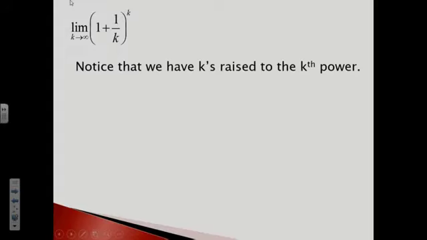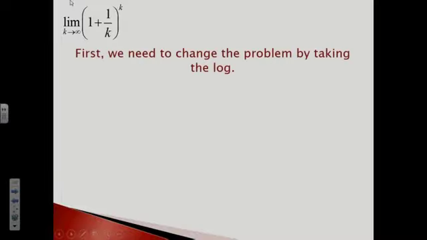Now we are going to find the limit of some sequences. The first sequence is (1 plus 1 divided by k) to the power of k. Notice that we have k raised to the kth power, so L'Hopital's rule needs to be used. First, we need to take the log of the general term: ln of (1 plus 1 divided by k) to the power of k.